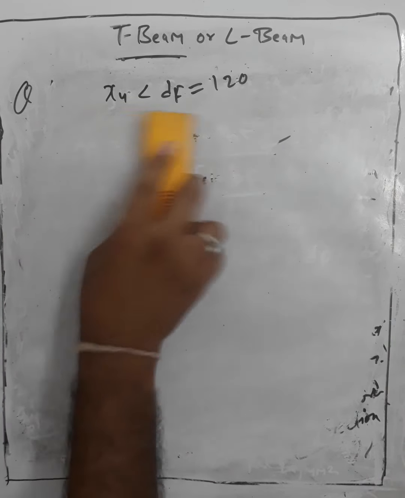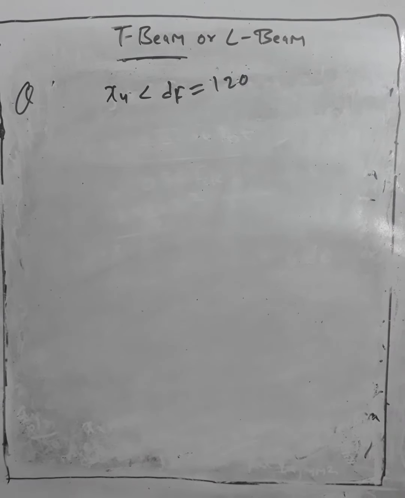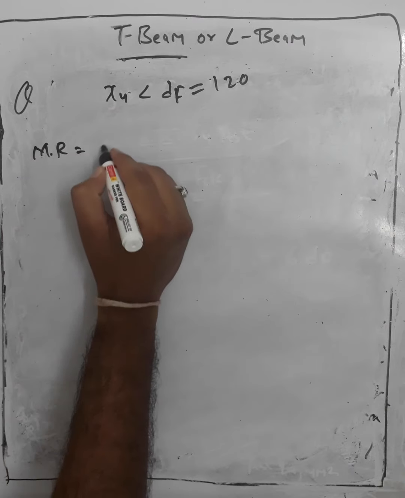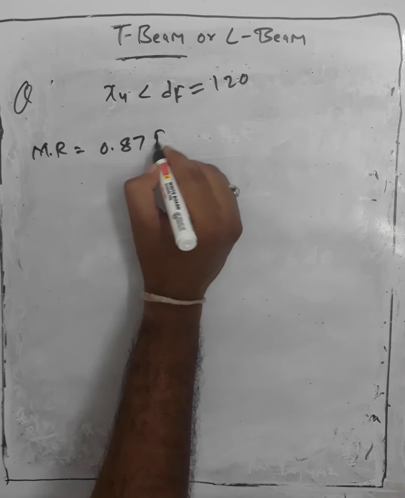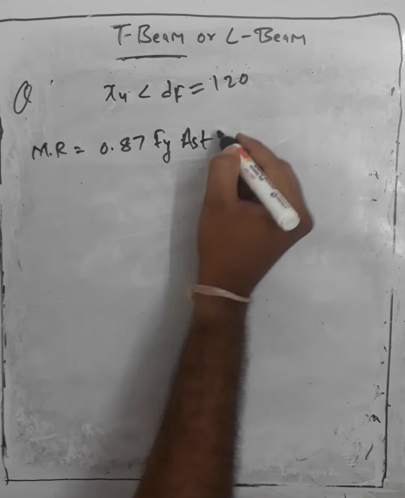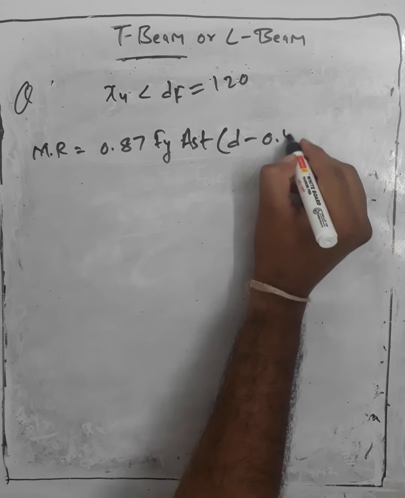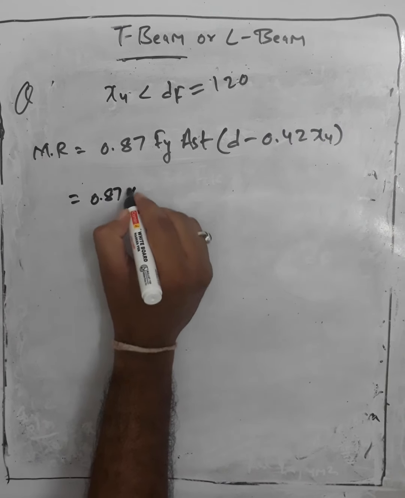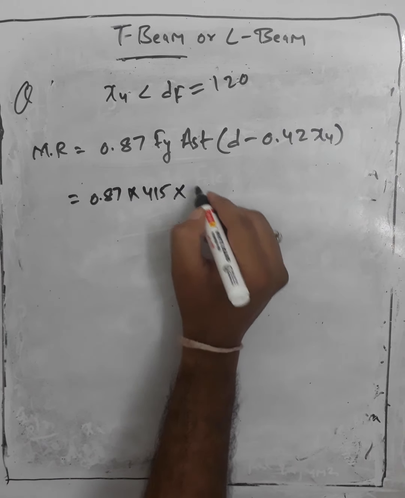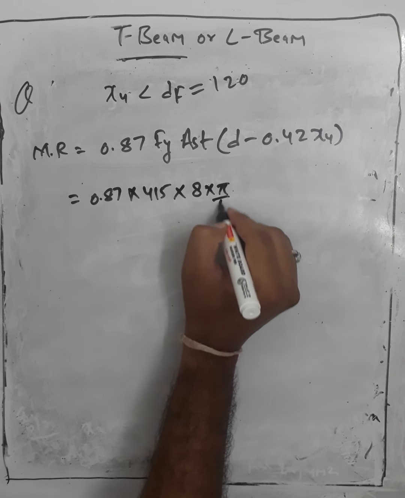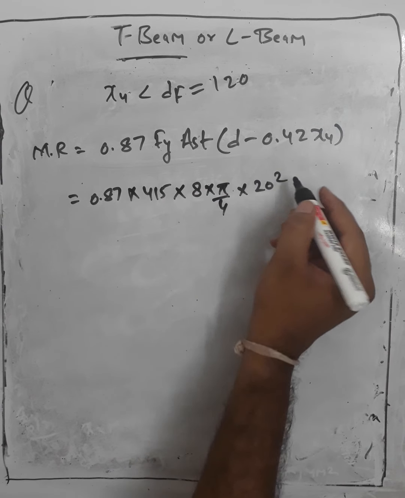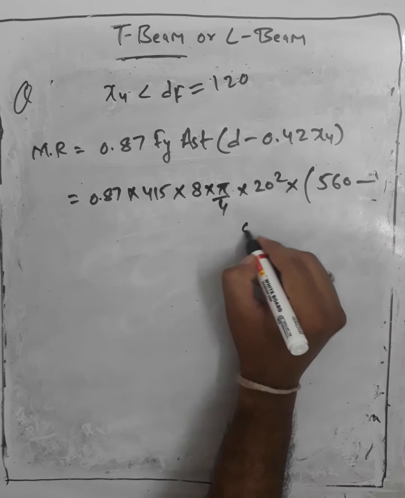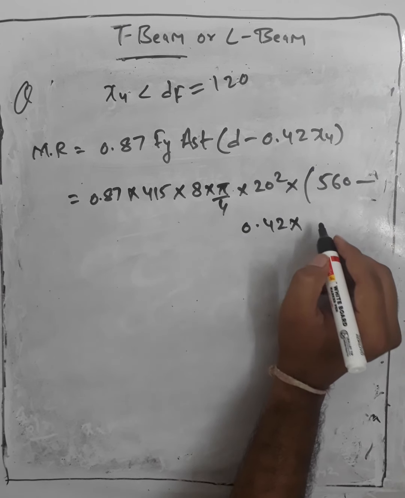So write the formula first and put the values in our formula. The moment of resistance is equal to 0.87 Fy AST into D minus 0.42 XU. So 0.87 into 415 into 8 bars of 20 mm dia into 560 minus 0.42 into the XU value.